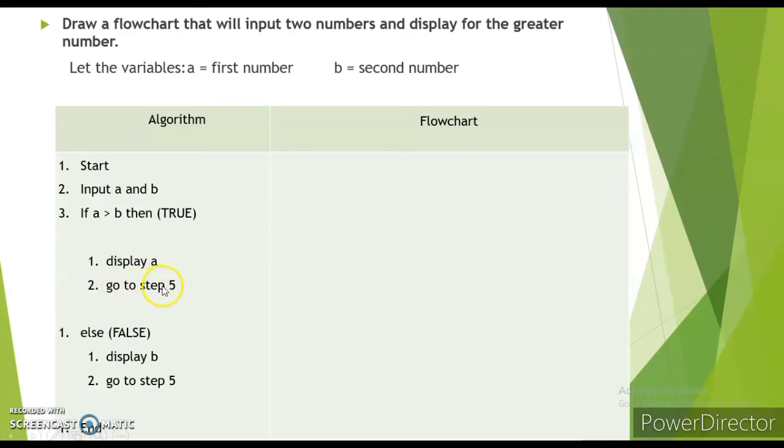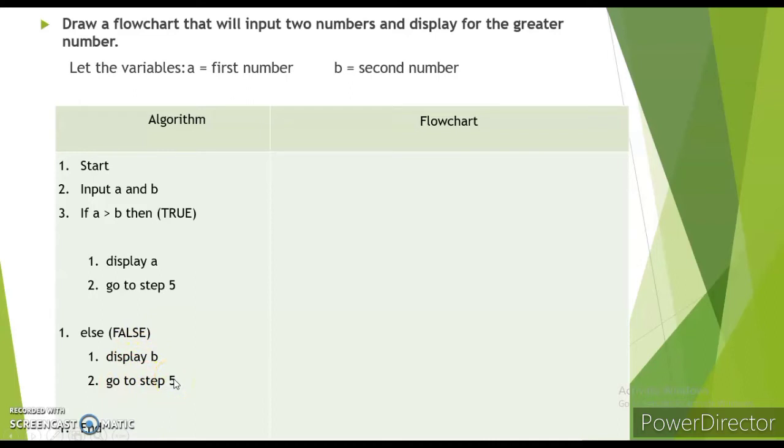Ano yung step 5 natin is end. This is 4 and 5, I forgot to edit ko na lang ito mamaya. So, this is display A, then go to step 5, which is step 5 is end. Okay? Else, kapag false naman siya, it will display B, then go to the step 5, end.